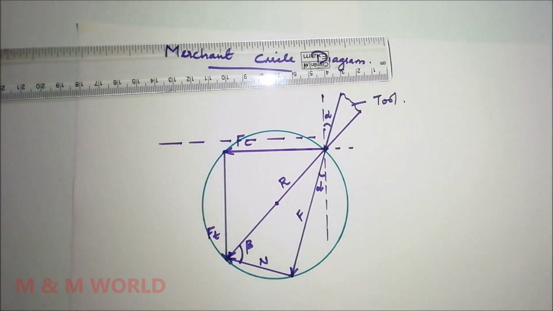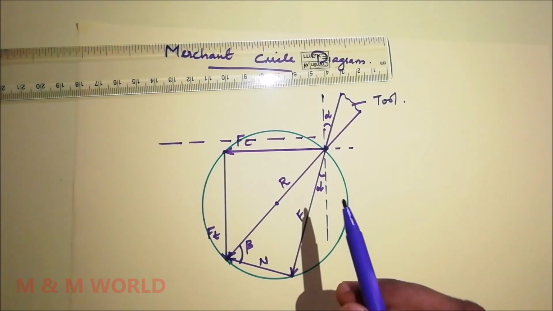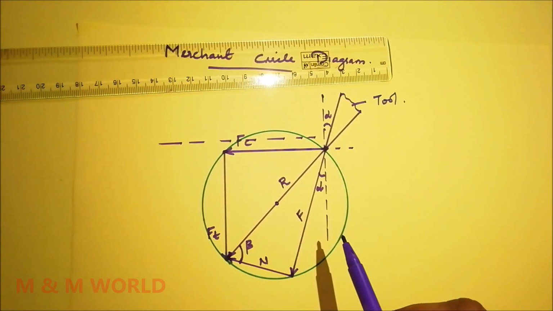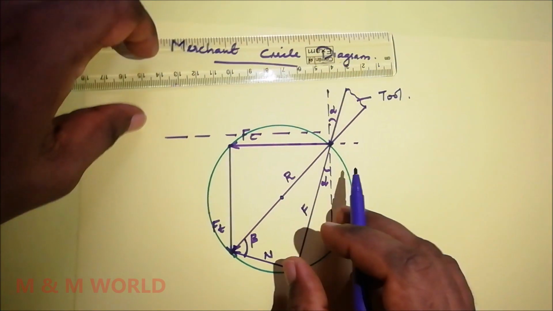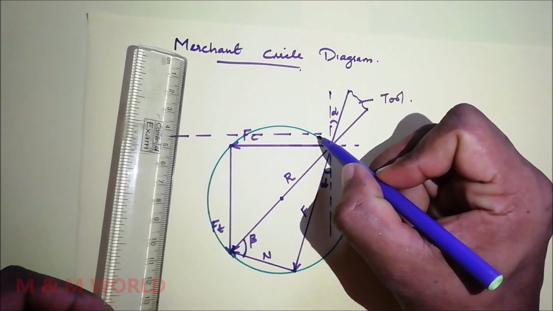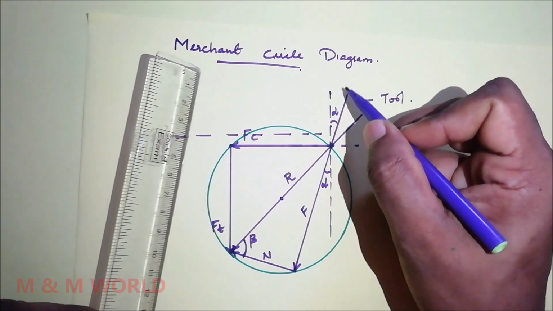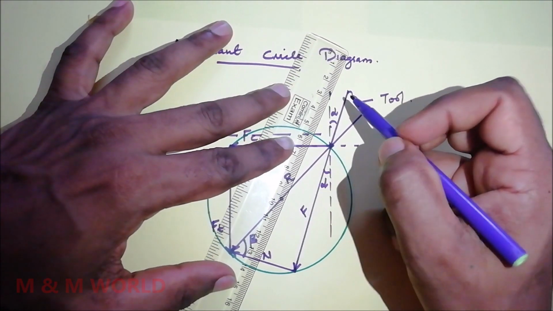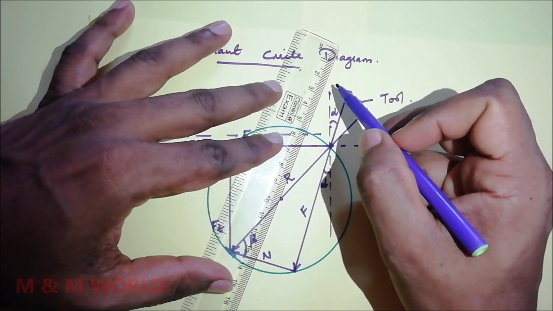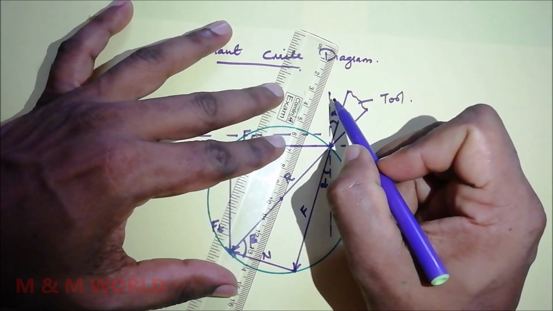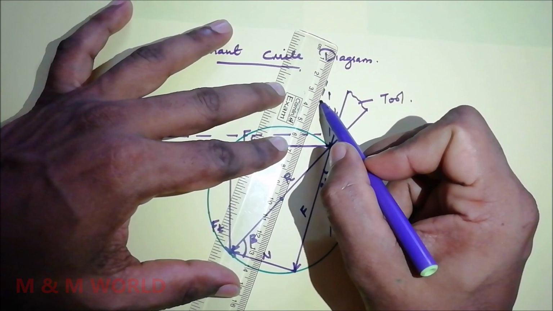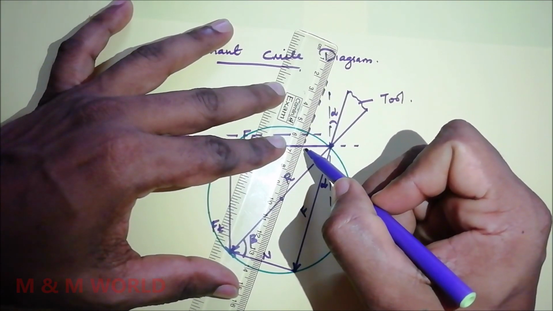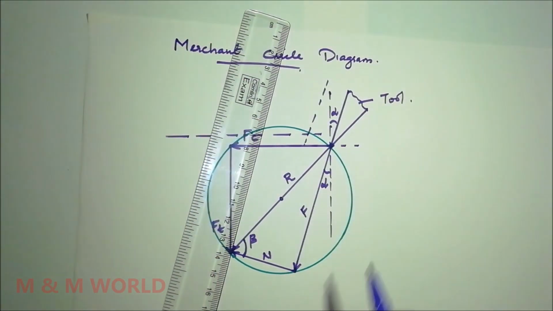This is the feed thickness which is parallel to the horizontal axis, and draw a line parallel to the tool cutting face. The chip moves along the face of the tool. Suppose this is the chip thickness.